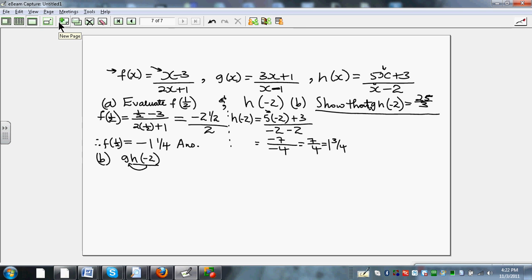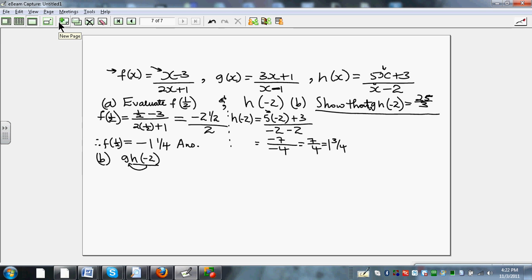Now, as I mentioned to you before, in some of these questions, as you go along further and further, you are required to have the knowledge that sometimes they will ask you to use information from before. So when I see this, I say h of minus 2. Wait now, I think we did that before. So let's look back. We did it here.